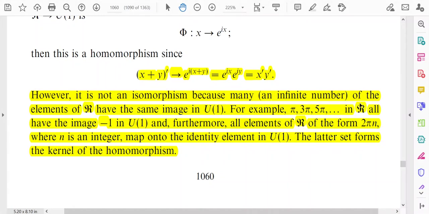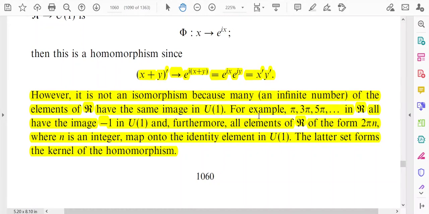Because many of the elements of R have the same image in U1. That is, there is a set of elements in G which has the same image in G prime. So here there are infinitely many elements in R which have the same image in U1.